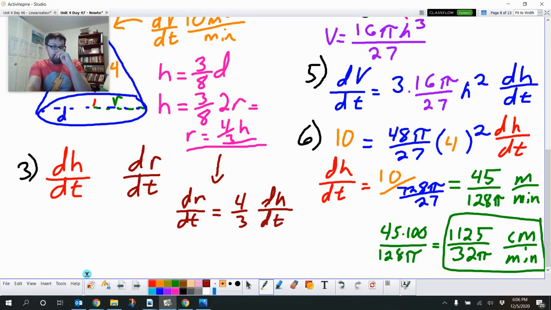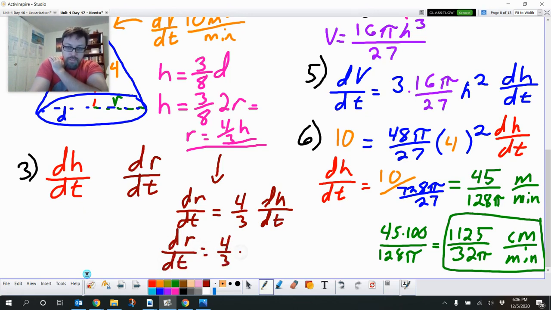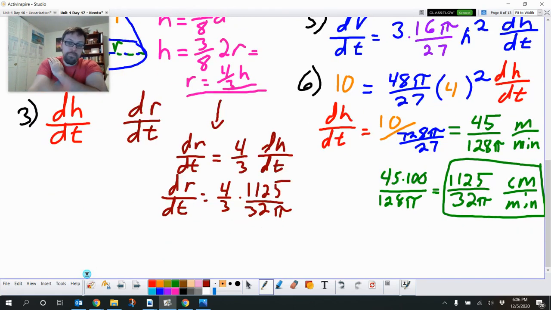Ooh, and I might as well use my centimeters version to find dr over dt. This equals 4/3 times 1125 over 32 pi, which equals 375 over 8 pi centimeters per minute.